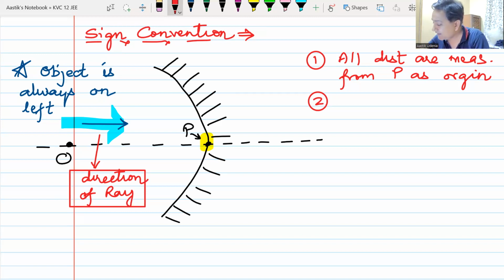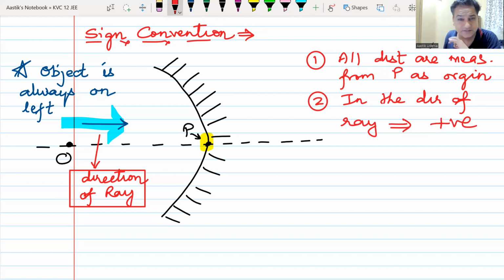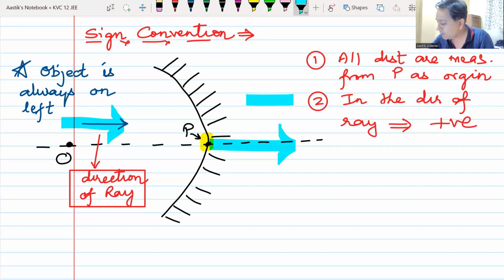Yes, in the direction of ray, distances are taken as positive. Remember, distances are measured from the pole of the mirror. So any distance from the pole on this side will be taken as positive. What about the other side?